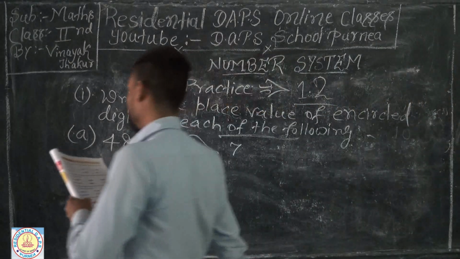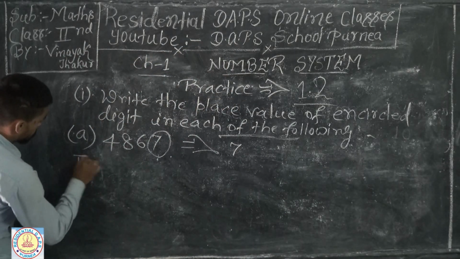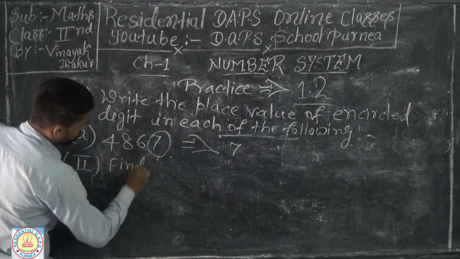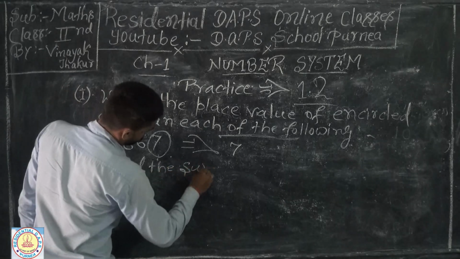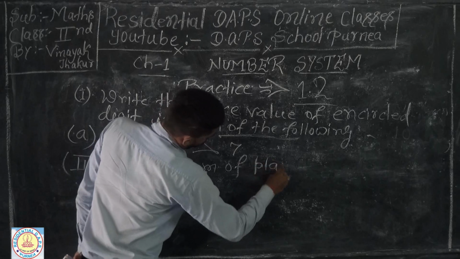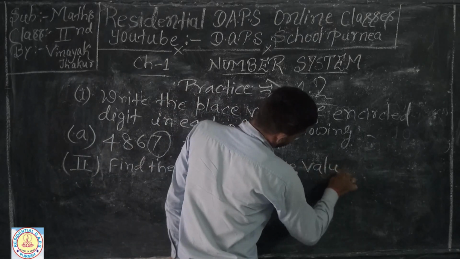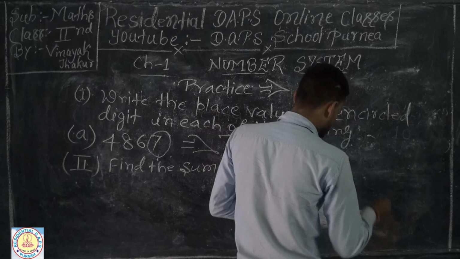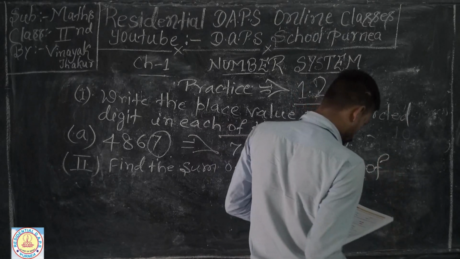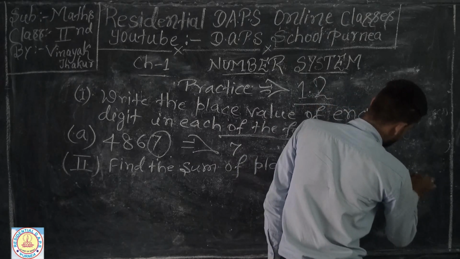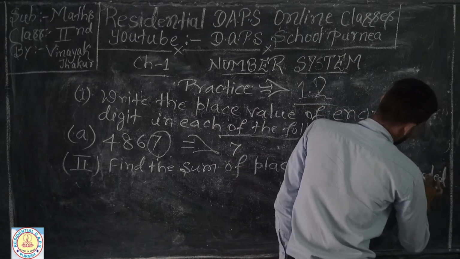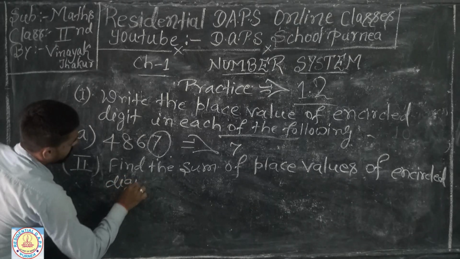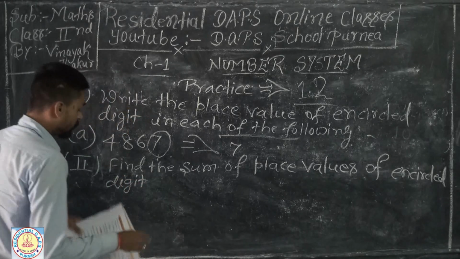The second question is: find the sum of place values of encircled digits in each of the following.